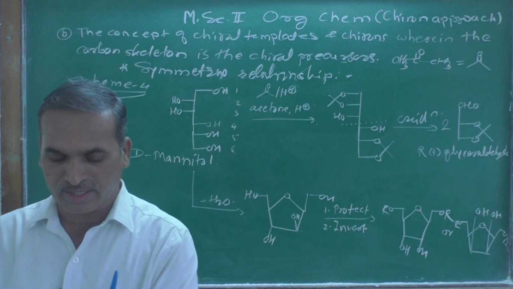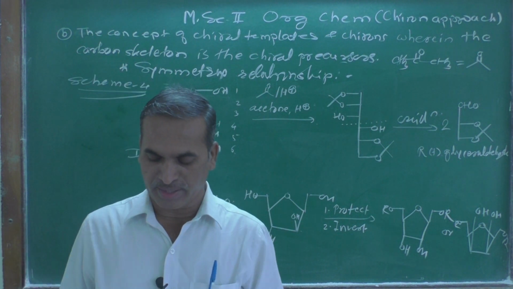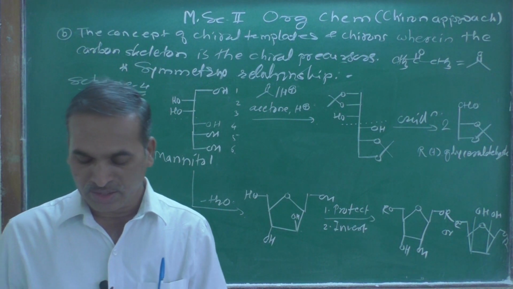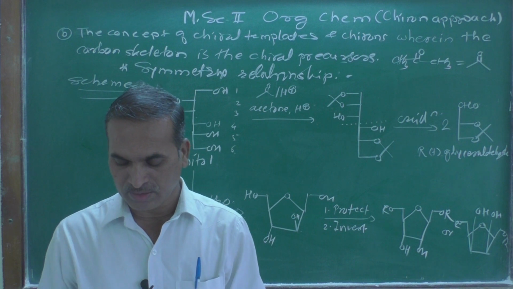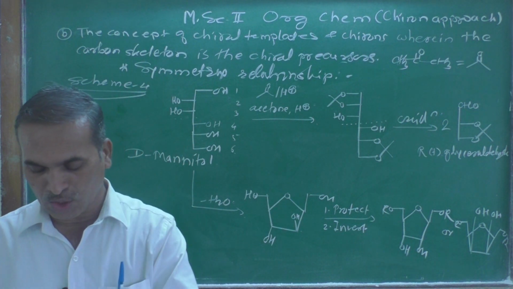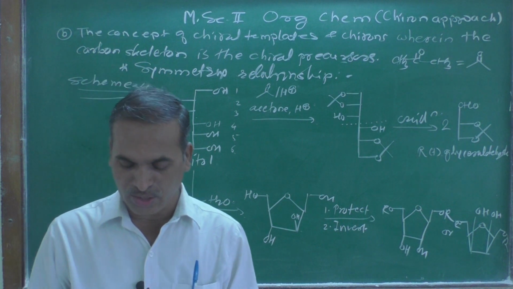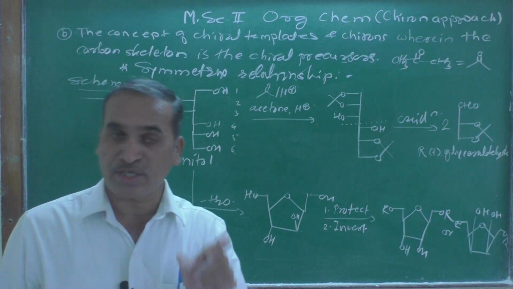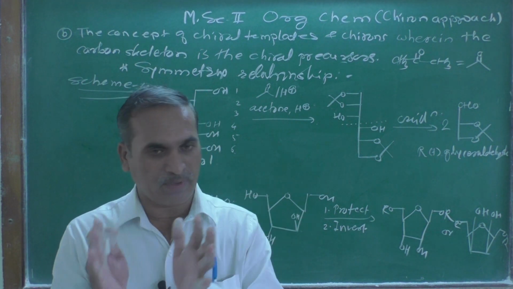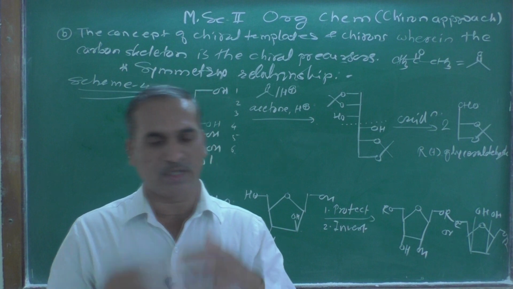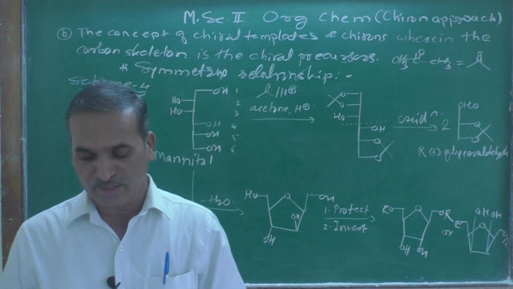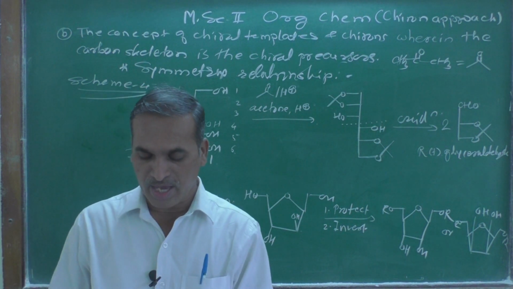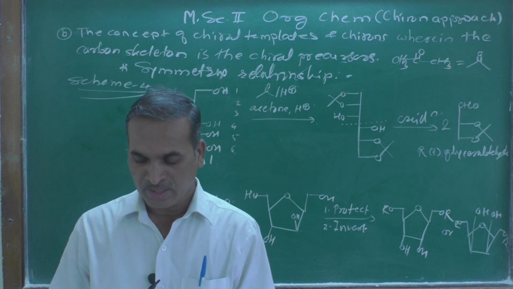Moving over to the cyclic derivatives, we find that reduction of D-glucose gives the alditol, D-glucitol or L-gulitol, and the two hydroxymethyl groups in this compound are diastereotopic. You might be familiar with this word, diastereotopic, enantiotopic, and since oxidation at either end leads to diastereoisomeric sugars.